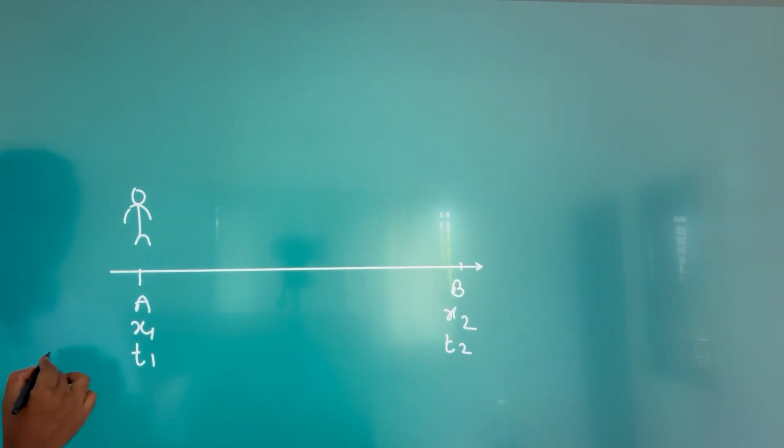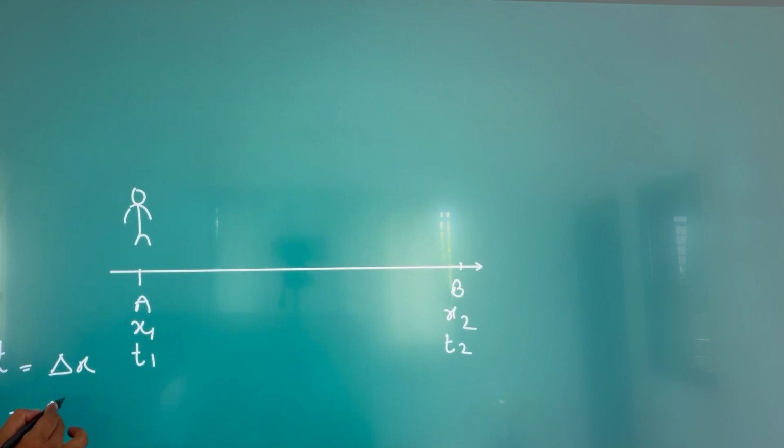Therefore, the change in displacement is delta x. This is called the change in displacement. And we have the time, delta t.